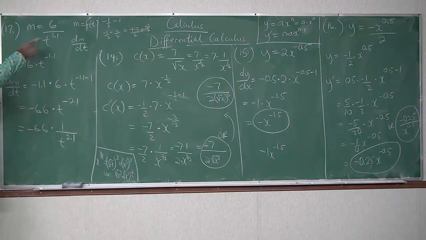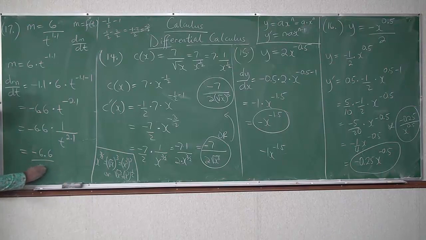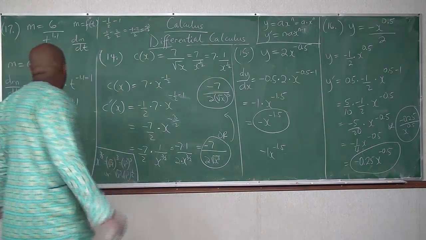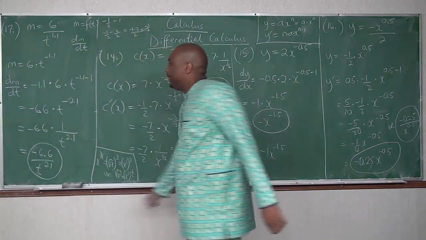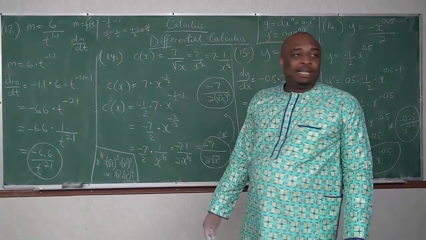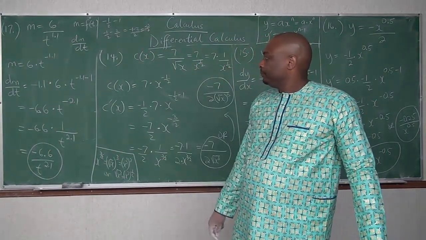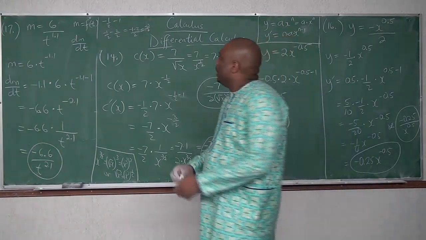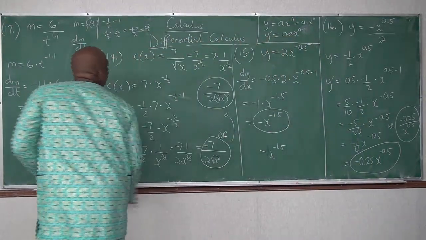Because we have to leave it in this form, this will be negative 6.6 over t exponent 2.1. That's it. Does that make sense? 3 more to go.